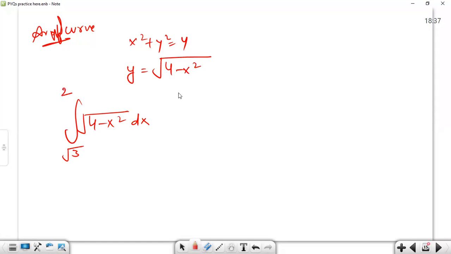Now we know this is of the form square root of a square minus x square. So we remember the formula: x by 2 into the square root of a square minus x square, plus a square by 2 into sine inverse of x by a.